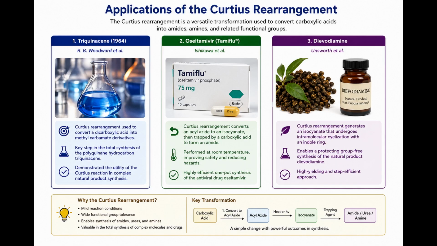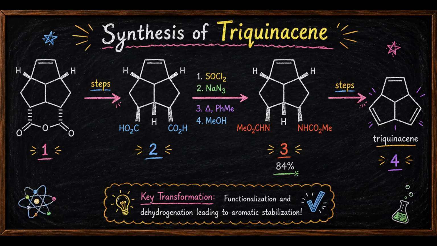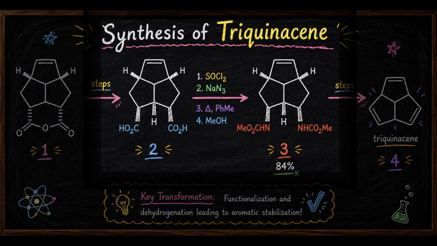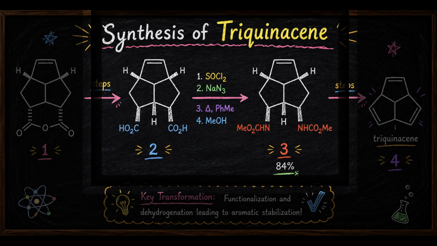and pharmaceuticals. This slide illustrates the multi-step synthesis of triquinacene, with a key highlight on the Curtius rearrangement step. Initially, the starting compound is transformed into a dicarboxylic acid intermediate. The crucial step involves converting the carboxylic acid groups using SOCl2 followed by sodium azide, forming an acyl azide intermediate.